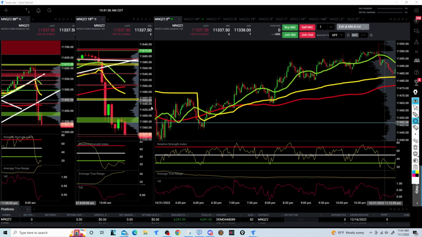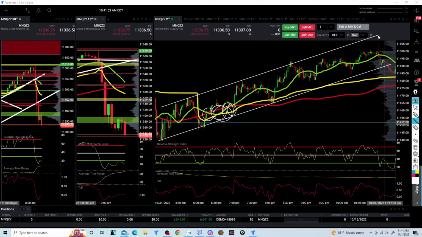Again, you don't want to trade the 20 when they're all close together: the 20, the 200, and the volume weighted average price. Some of you might start seeing this, but we're not talking about that yet.